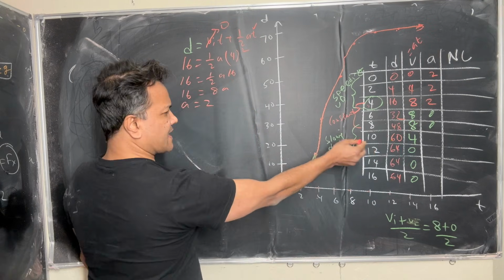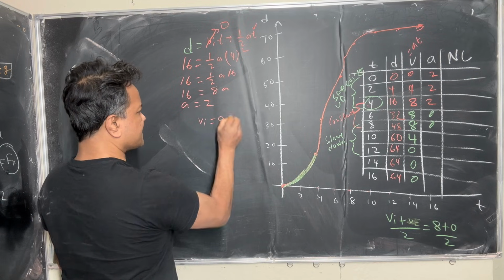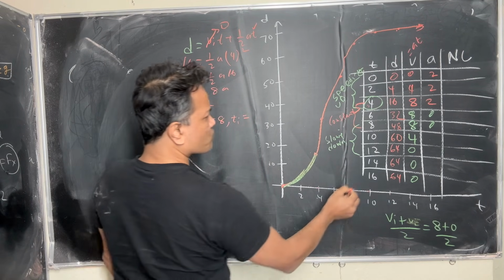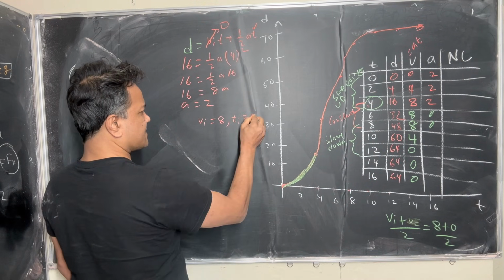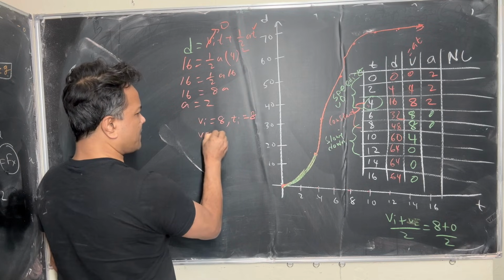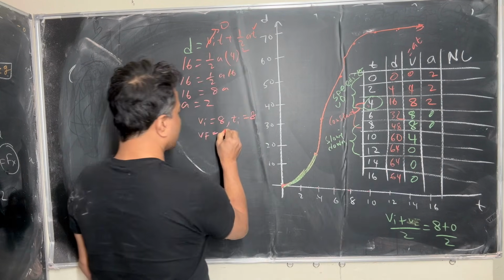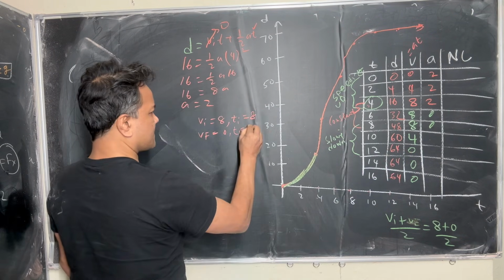So we're going to say that Vi is 8, Ti is 8. Vf is 0 and Tf is 12.